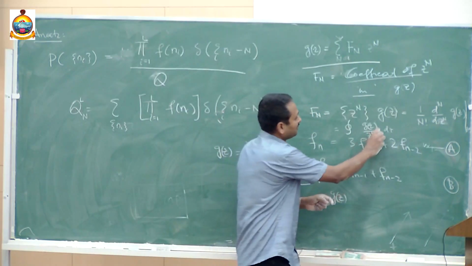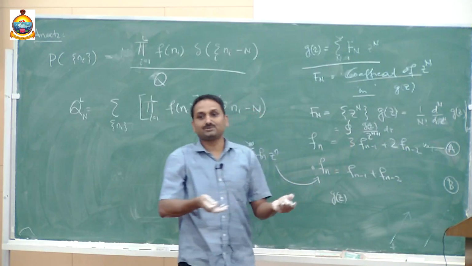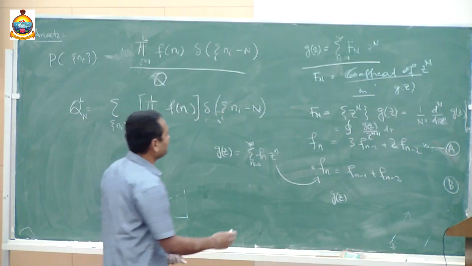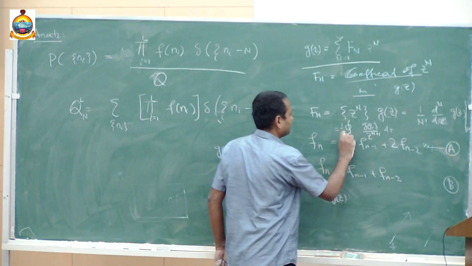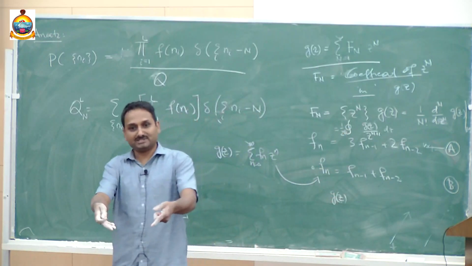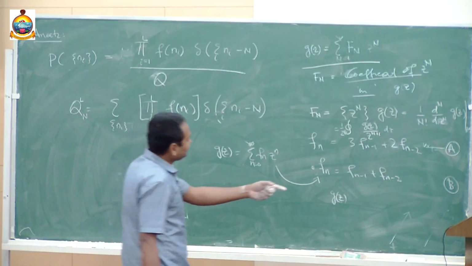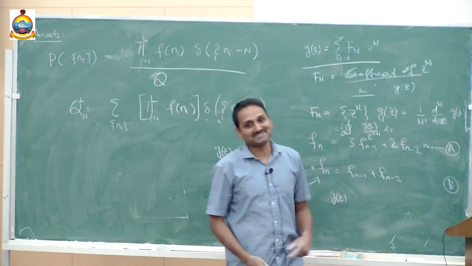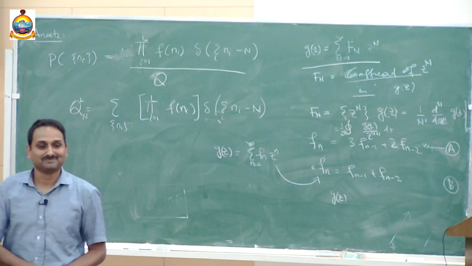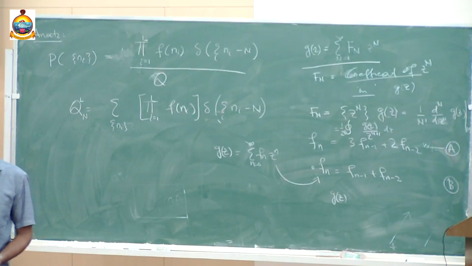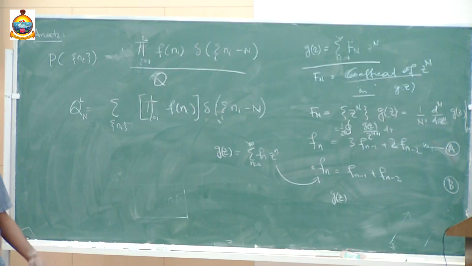So the nth coefficient will come out as a pole, with 2 pi i. So that's another way you can calculate it. This is sometimes harder, this is sometimes easy. Mostly the second one is easier, because it's just one integral, and that one is n differentiations.